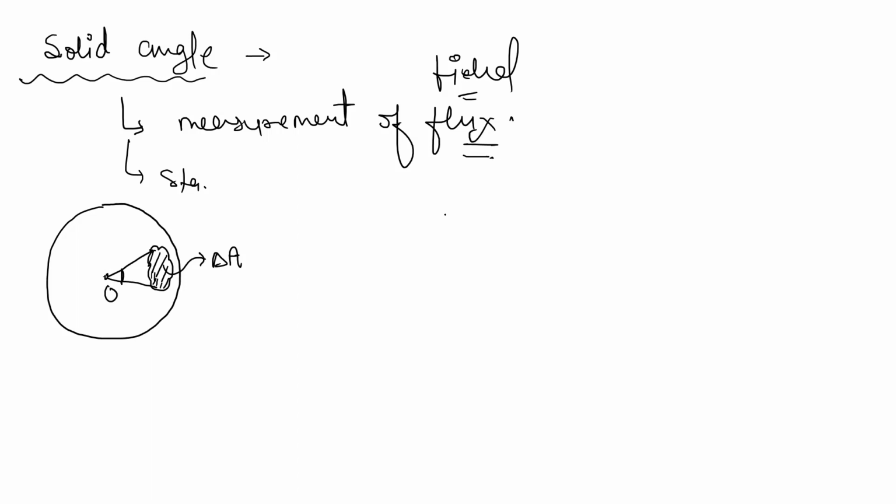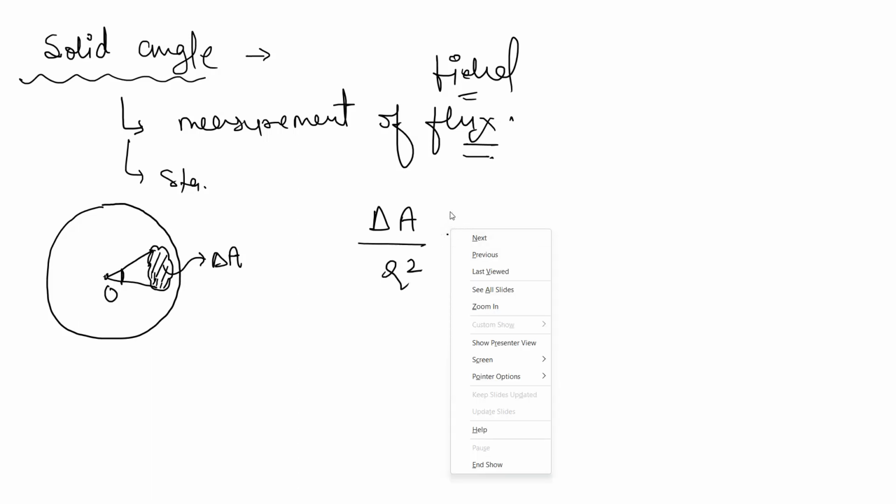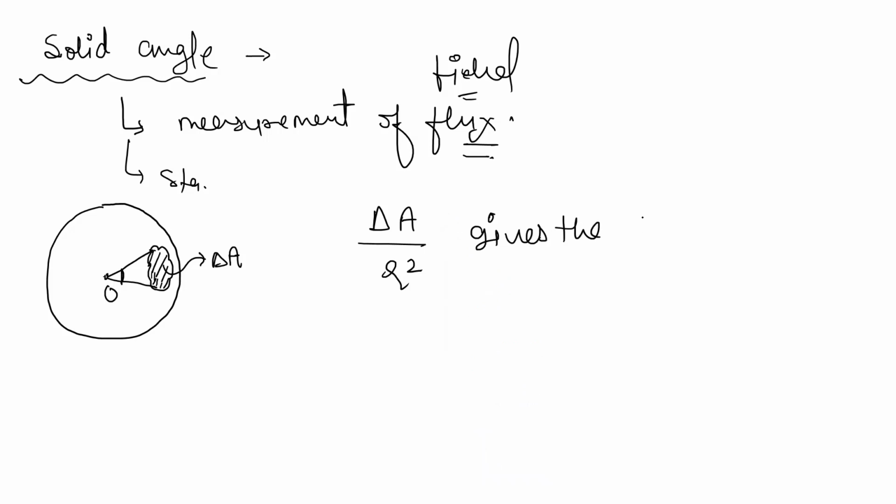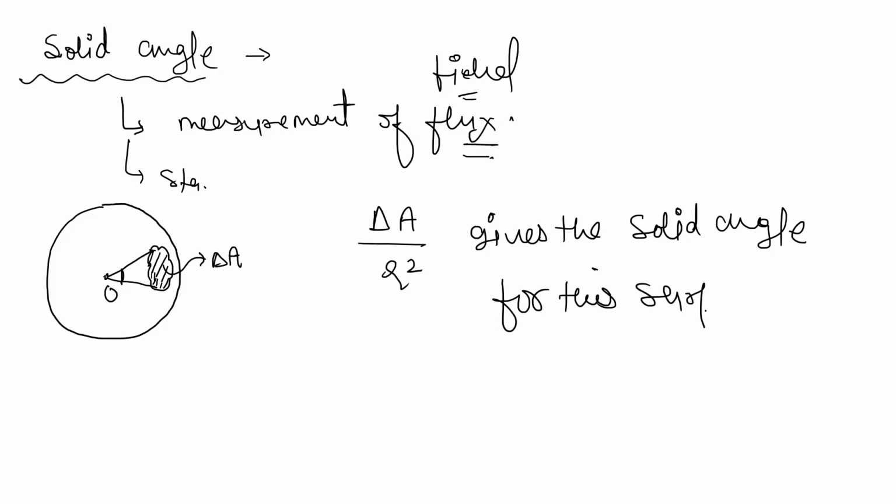So we define the solid angle as delta A upon R square, which gives the solid angle for this surface, which is a part of a sphere.